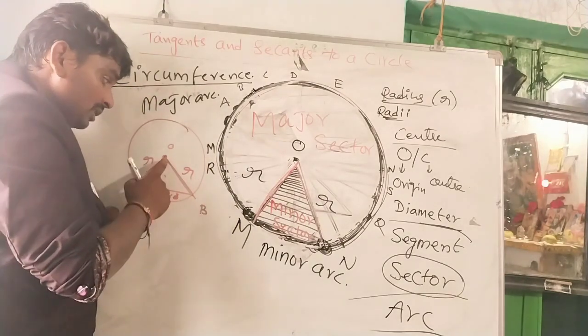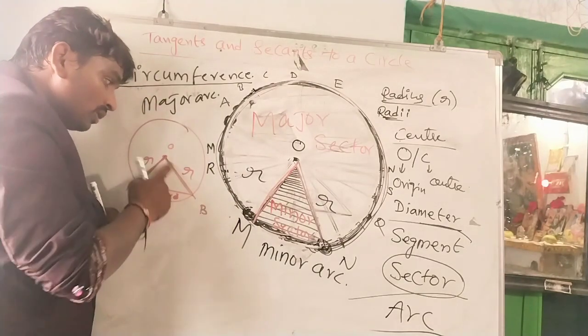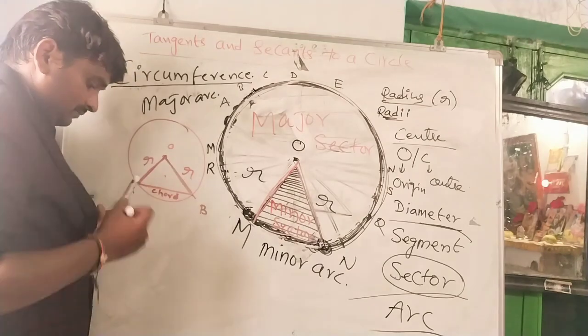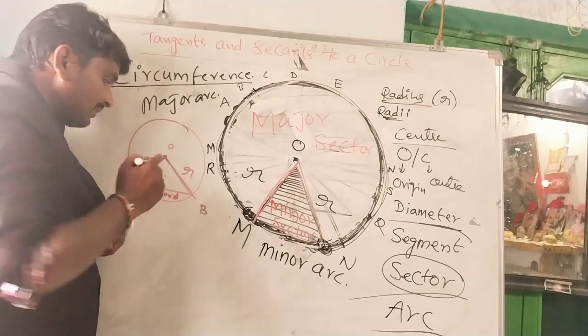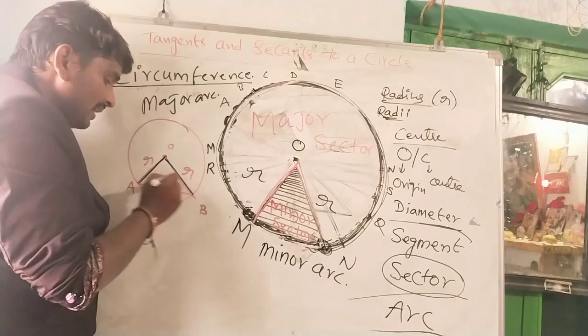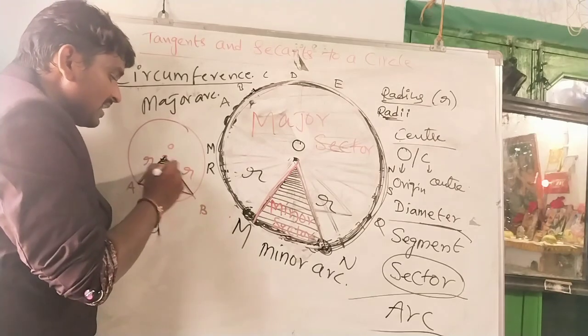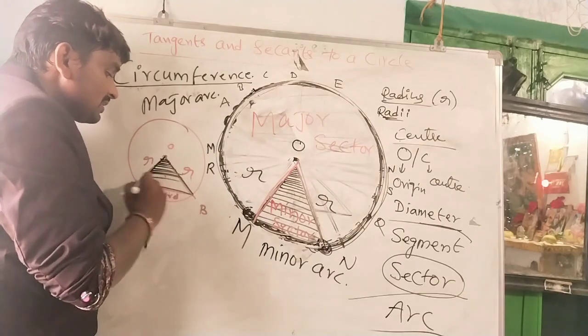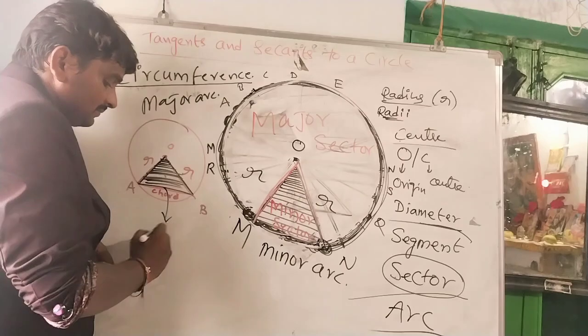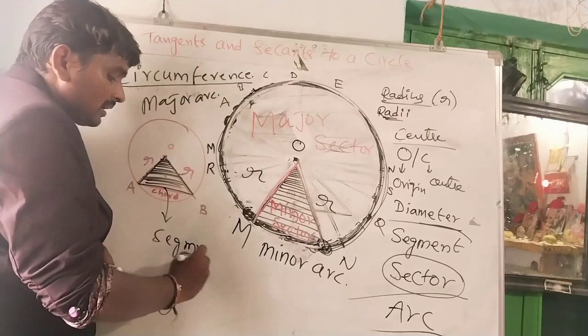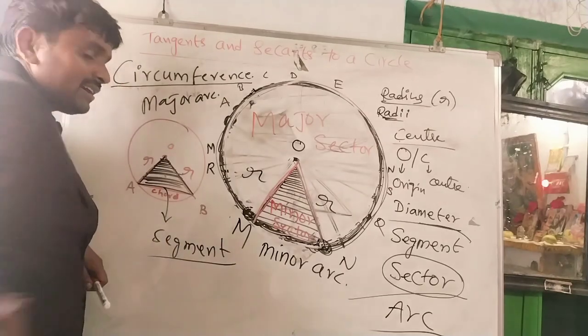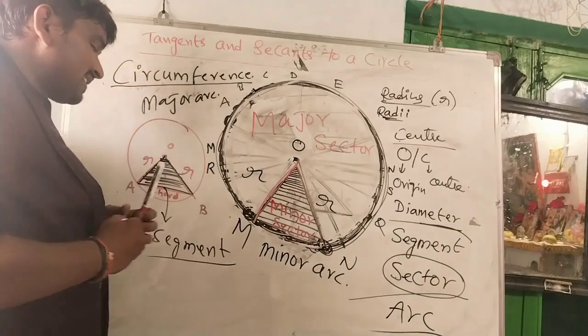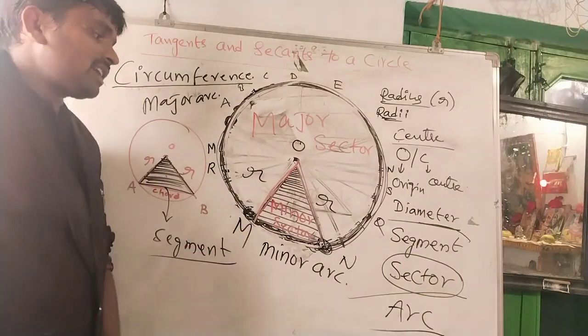I am taking the area between 2 radii and 1 chord. The area between 2 radii and 1 chord is called segment. What is the difference between segment and sector?